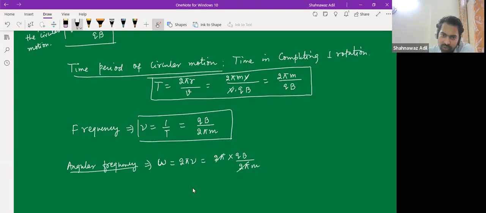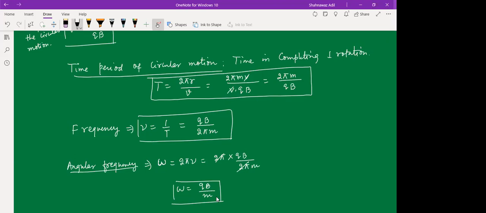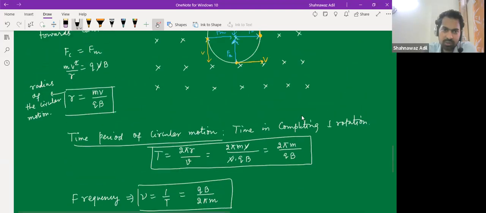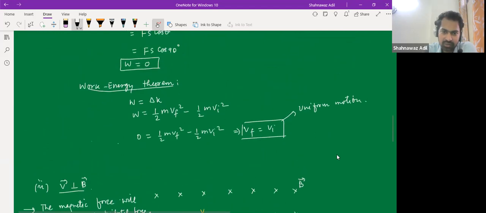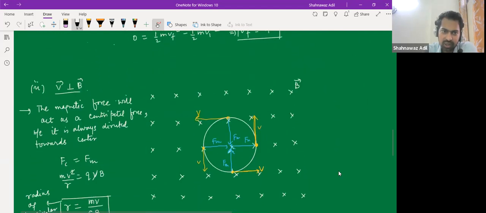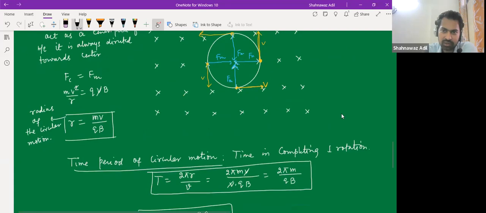The 2 pi cancels, and omega is qB by m. These are the things that we need to remember. Is this clear to you guys? Clear? Yes. Okay, please note up to this point, and then we'll do the third case.